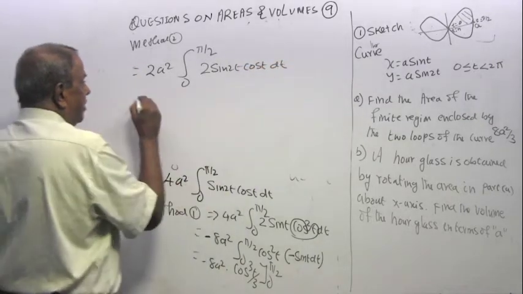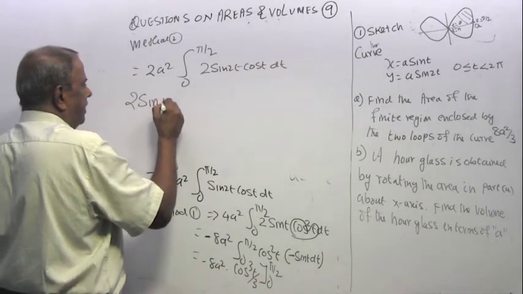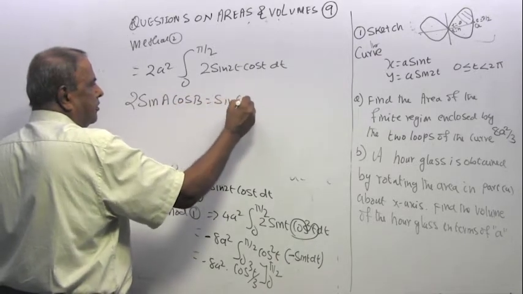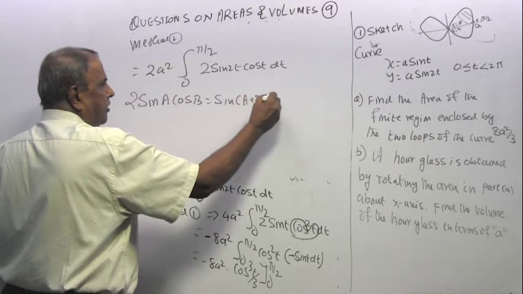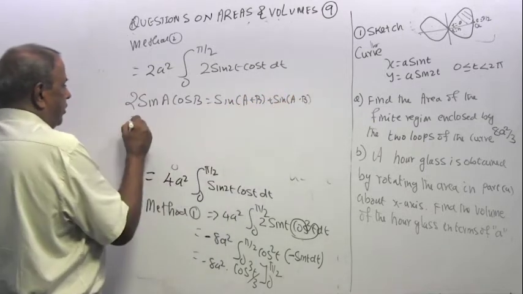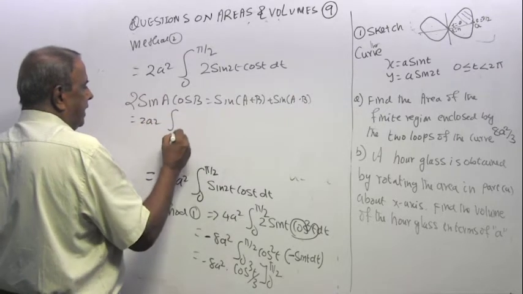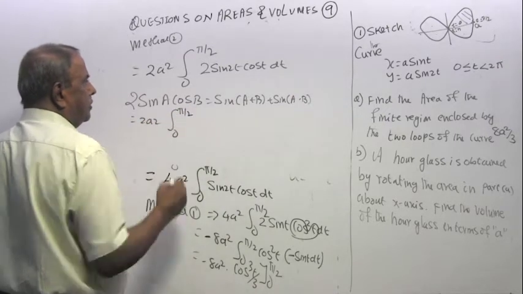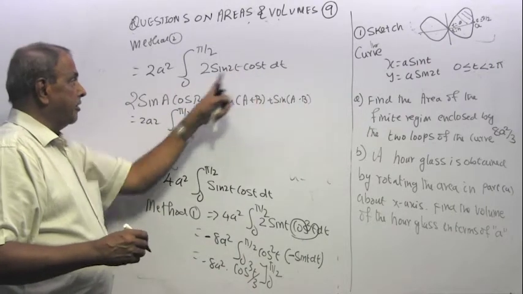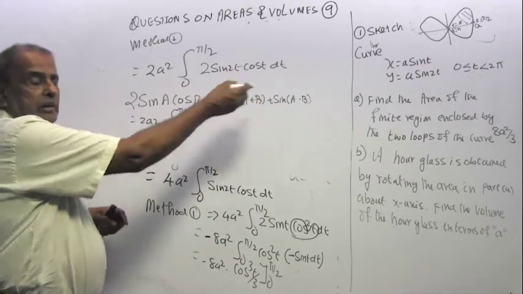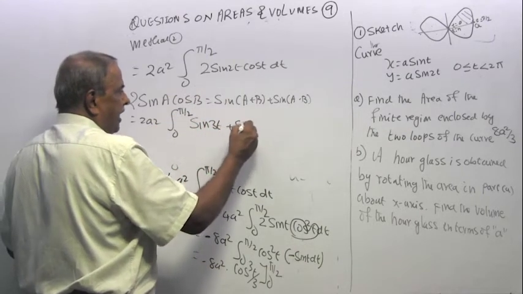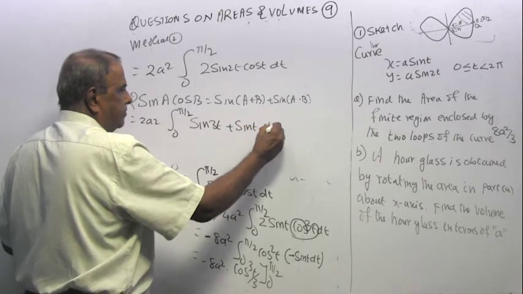What is 2 sin A cos B? 2 sin A cos B is sin of A plus B plus sin of A minus B. So that is 2a squared integral 0 to pi over 2. In place of A, I have 2t. In place of B, I have t. 2t plus t is 3, so sin 3t plus sin t dt.